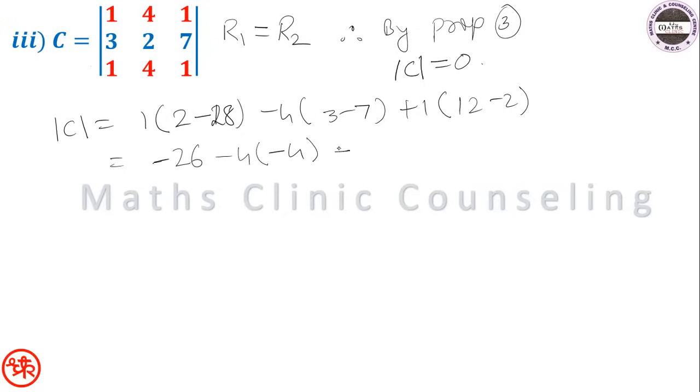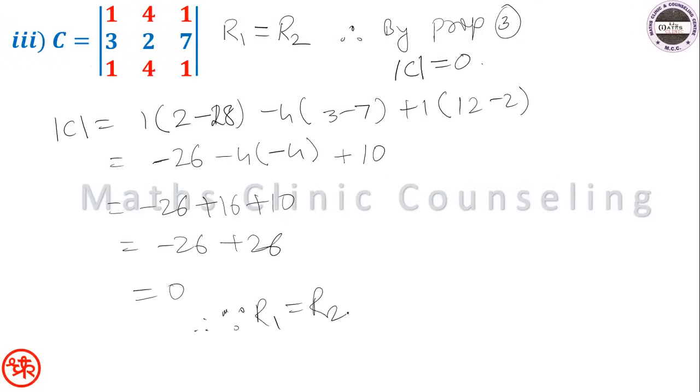Plus 12 minus 2, which is 10. So minus 26 plus 16 plus 10 is equal to minus 26 plus 26, and it is equal to 0. Did you understand? And so since R1 is equal to R2, the determinant of C is equal to 0. That is the answer.